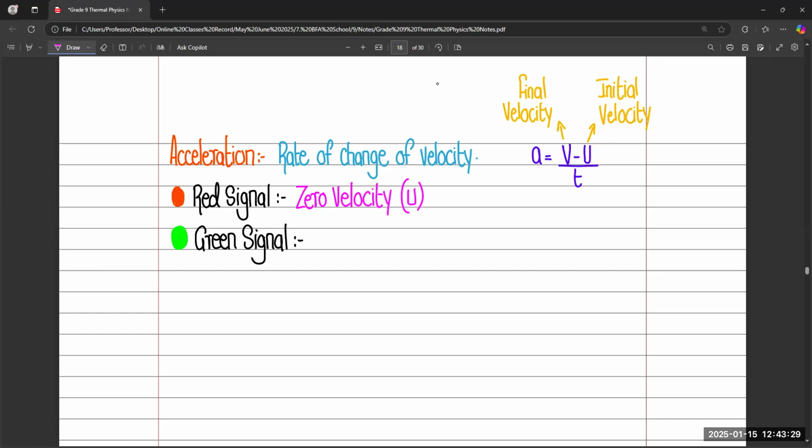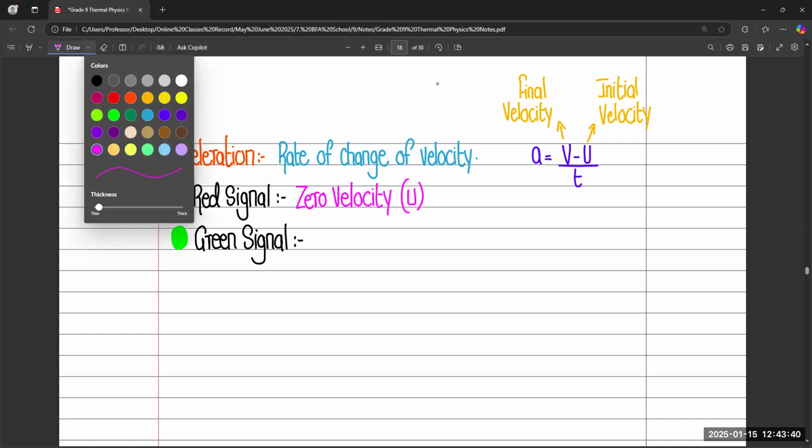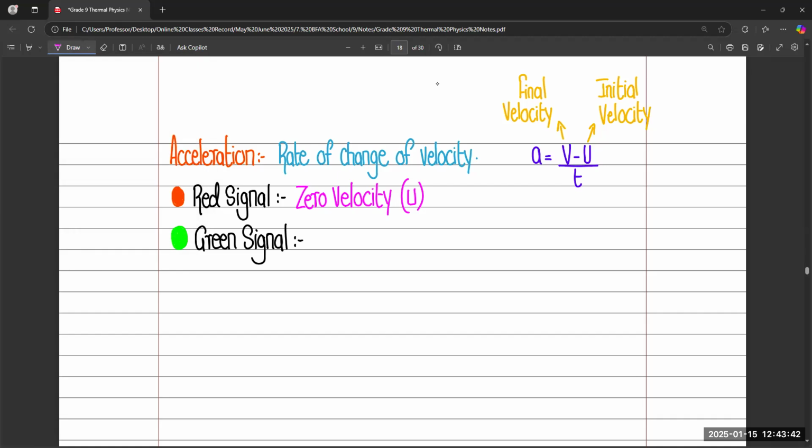The car will start moving, so the speed will increase. Yes. So definitely it is no more zero. It starts to increase from the zero value. So final velocity will not be zero. It will be moving with a certain velocity. This is final, right? So in this way, we can compare initial and final velocity.